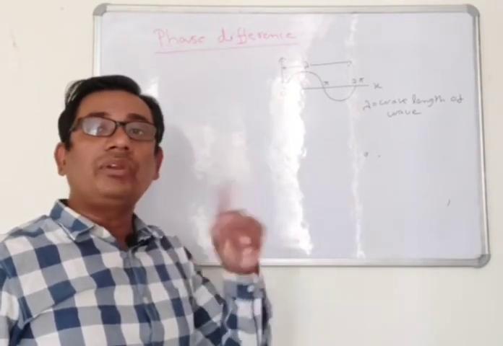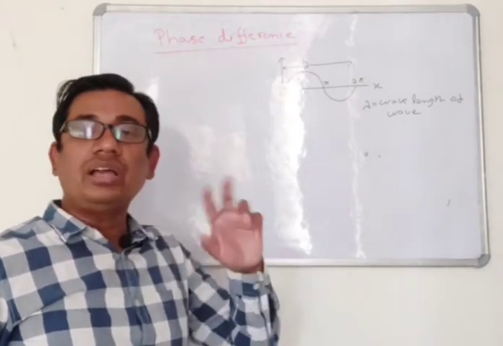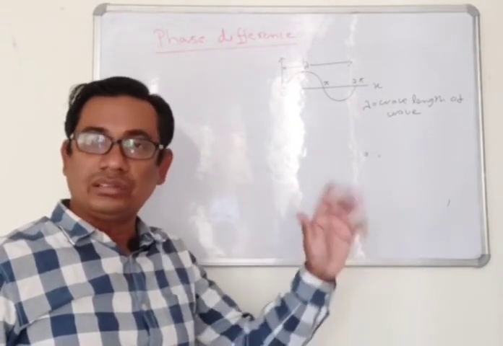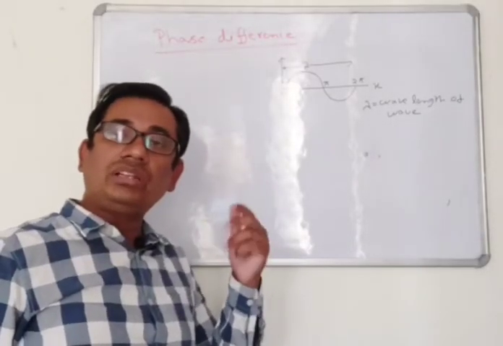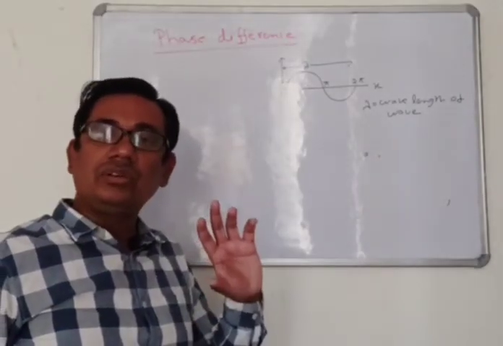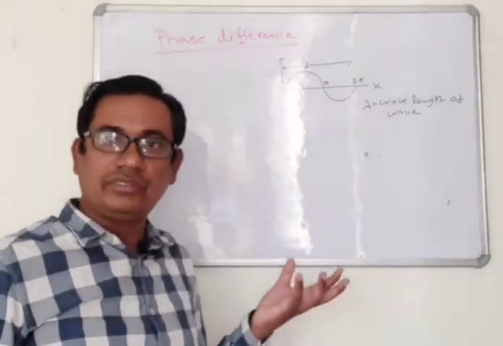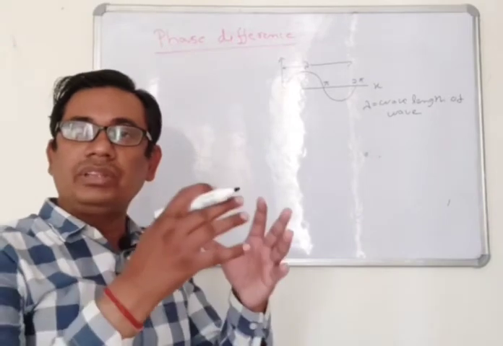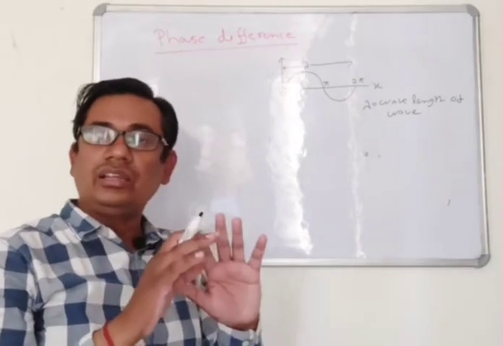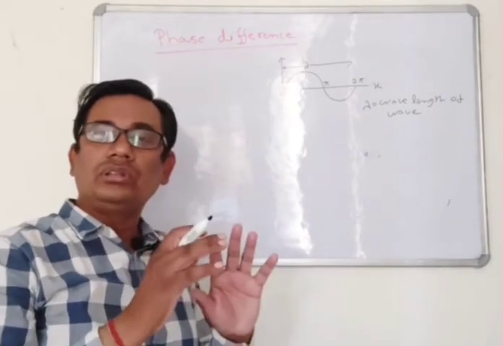But light is also a periodic motion. It will change its phase in a periodic manner. So it means that you can calculate the path difference as well as the phase difference. First you will establish the relation between the path and phase, then you can calculate both, vice versa.